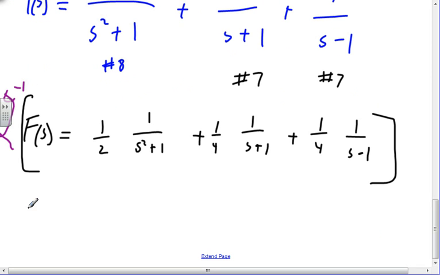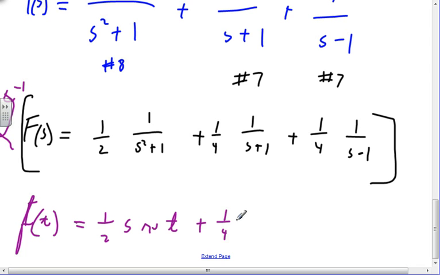But, okay, so f of t equals 1/2 sine t plus 1/4 e to the minus t plus 1/4 e to the t, and now my initial condition doesn't work. Darn.